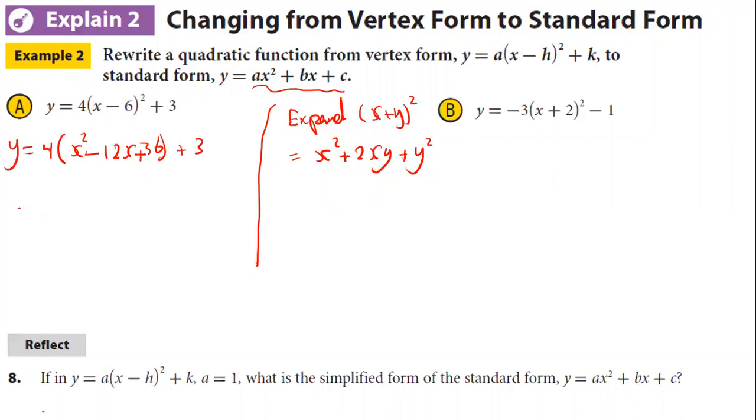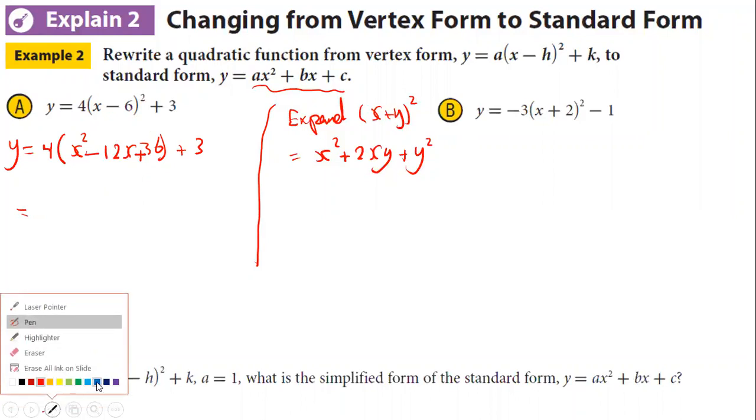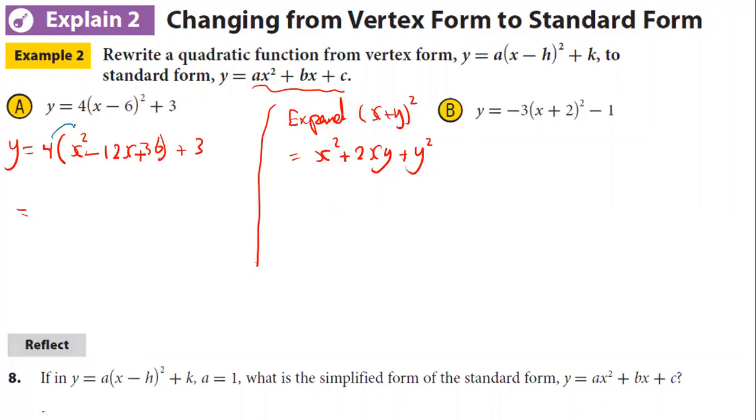Okay. The second step is to use the distributive property. We will multiply 4. 4 times x squared, it will be 4x squared minus 4 times 12, 48x plus 144 plus 3.